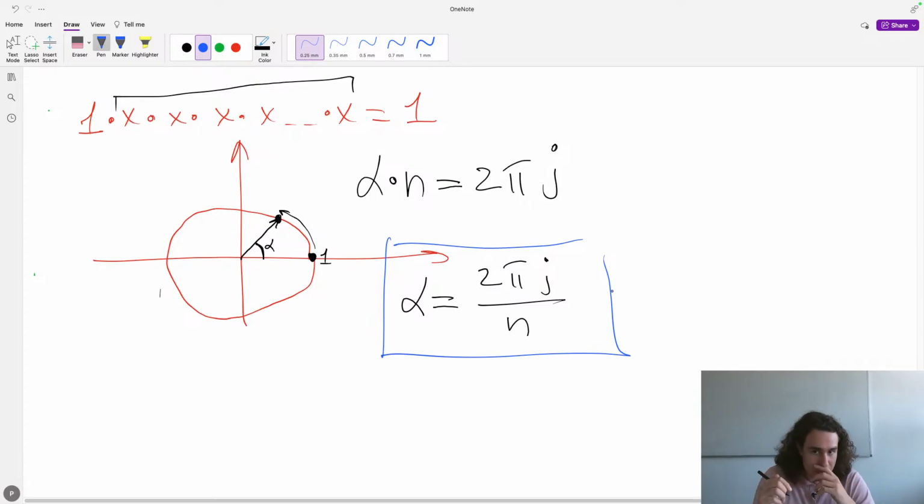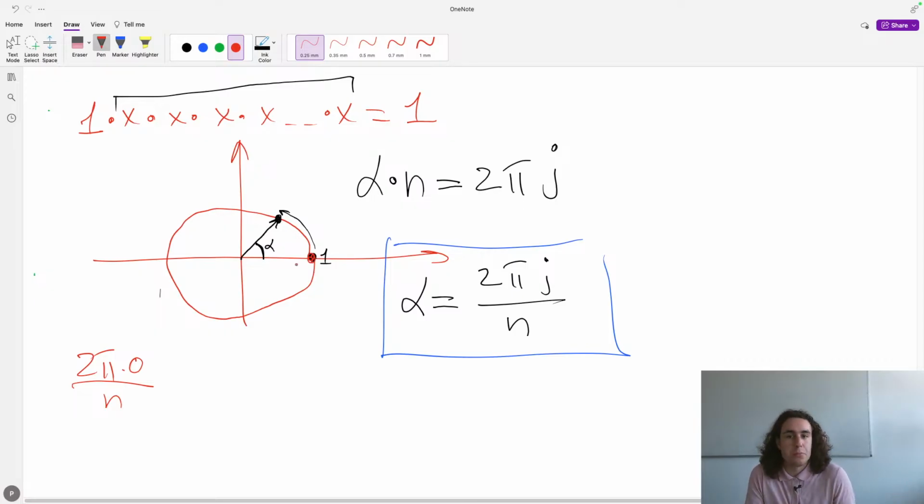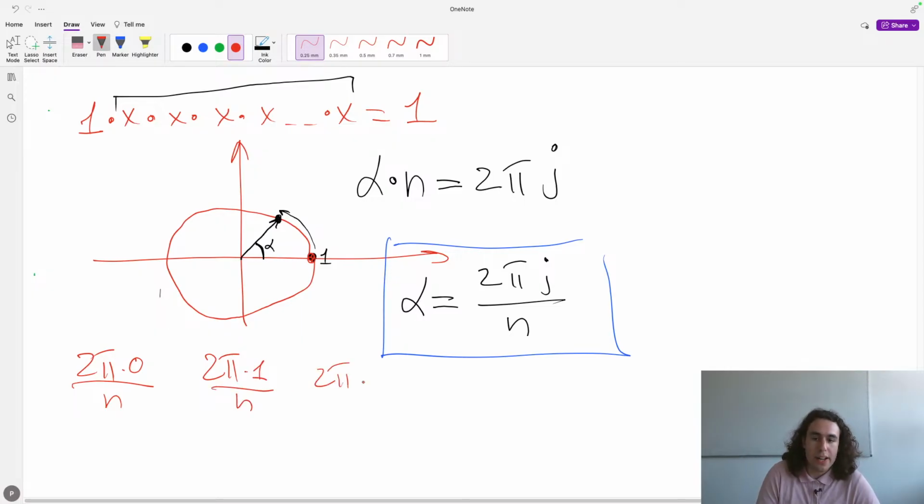And how many of these numbers are there? I want to say that there are exactly n of them, right? I can take 2 pi times 0 over n, which will represent angle 0, so it's just number 1. Of course, 1 to the power of n is 1. I can take 2 pi times 1 over n, 2 pi times 2 over n, and so on. 2 pi times n minus 1 over n.